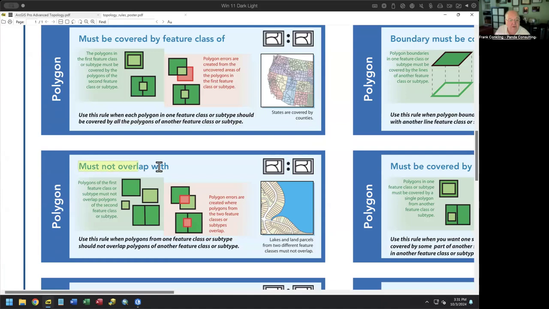Must not overlap with is where you identify between two polygon feature classes where they overlap. So this one says must be covered by, and it's going to be as an error, those polygons that are outside or not covered by another feature class. This one says, let's look at the overlap between the two.